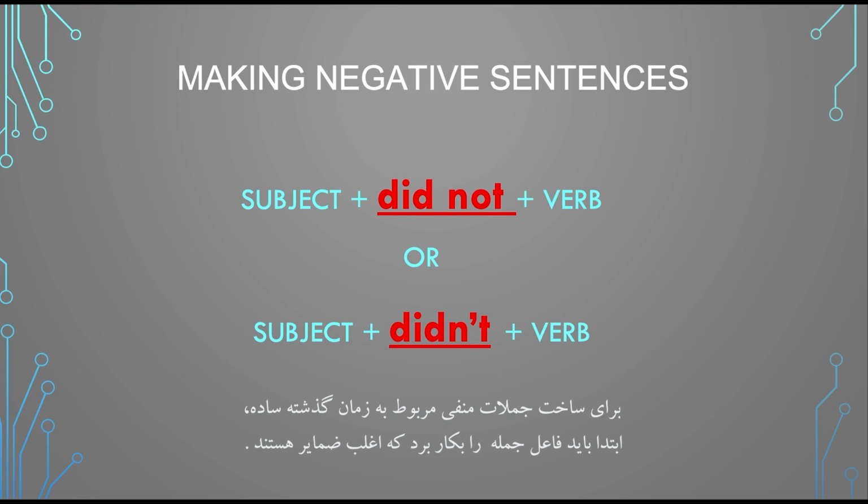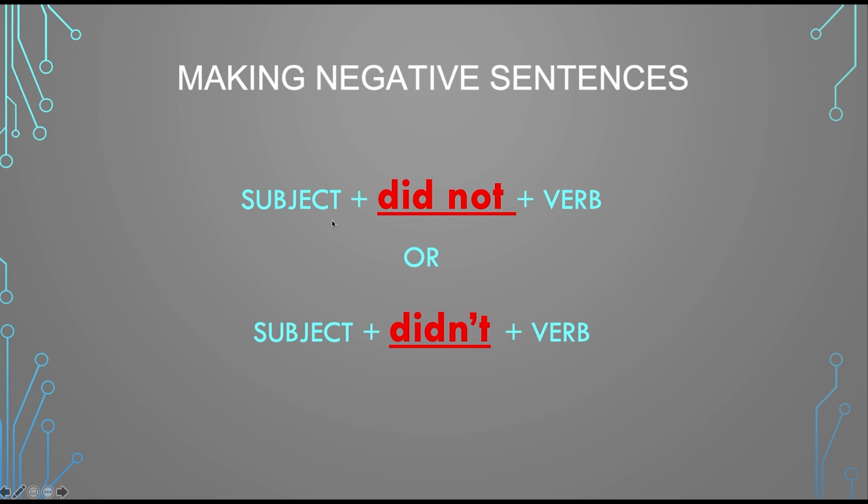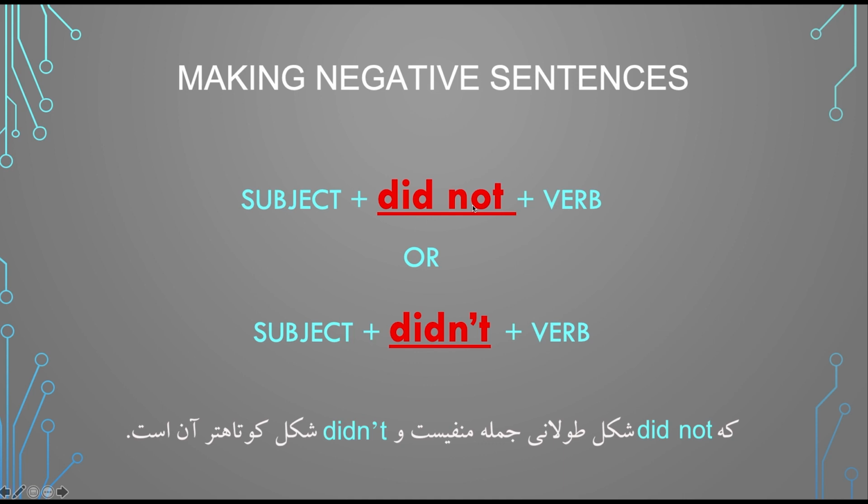So to make a negative sentence in the past simple, first we have the subject, okay, often I, you, he, she, my friend, the dog, the students, etc. And then we have did not or didn't.